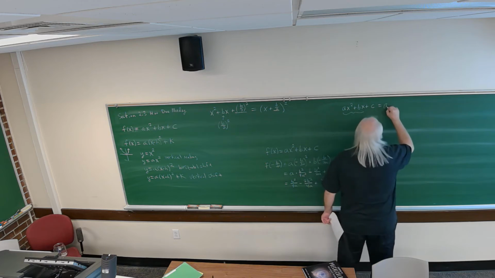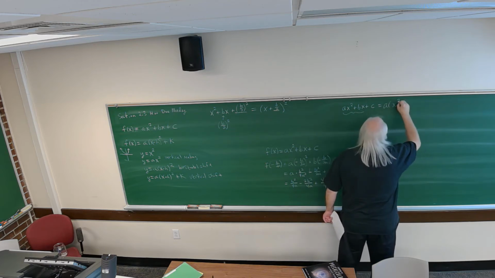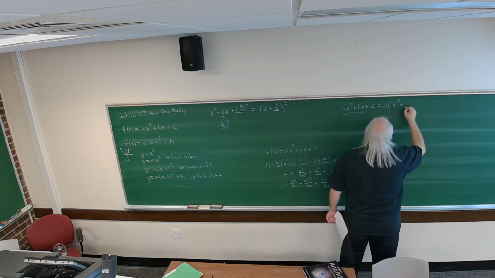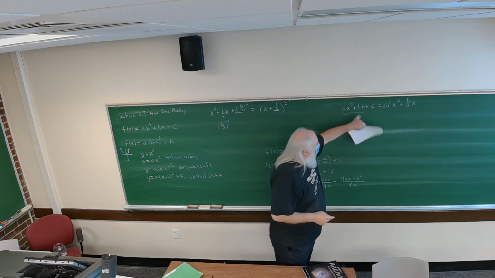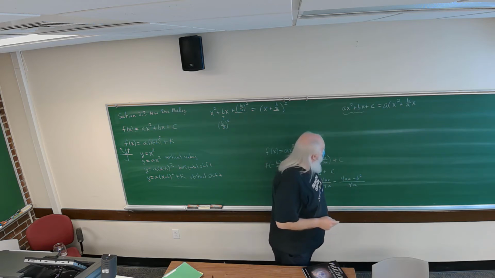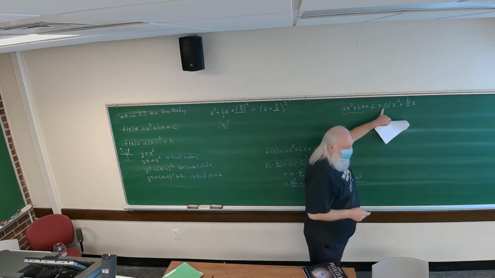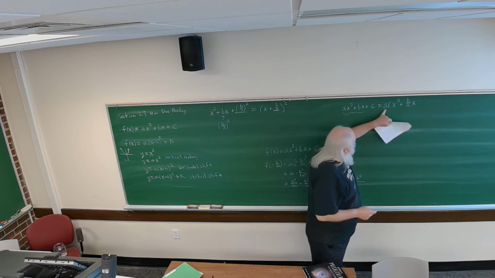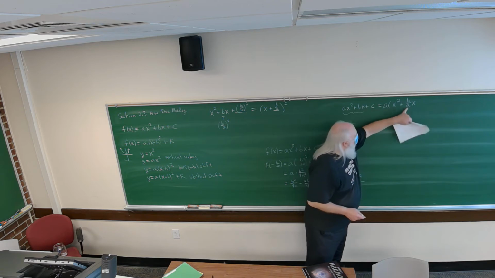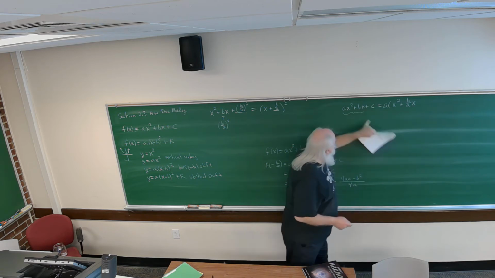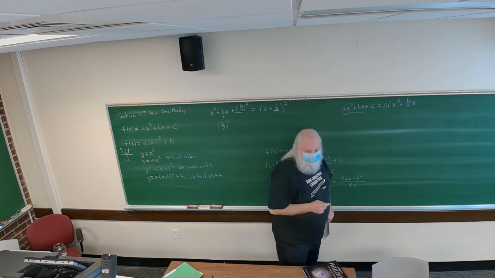So we have a times the quantity x squared plus b over a x. I factored out an a from the sum of the first two terms. If I distribute the a back inside the parentheses, a times x squared is ax squared, and a times b over a, the a's cancel, and I'm just left with bx.